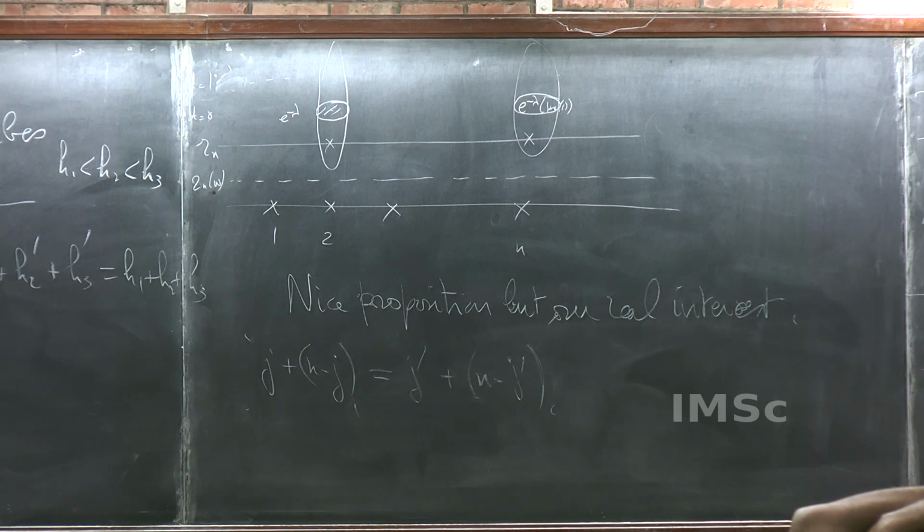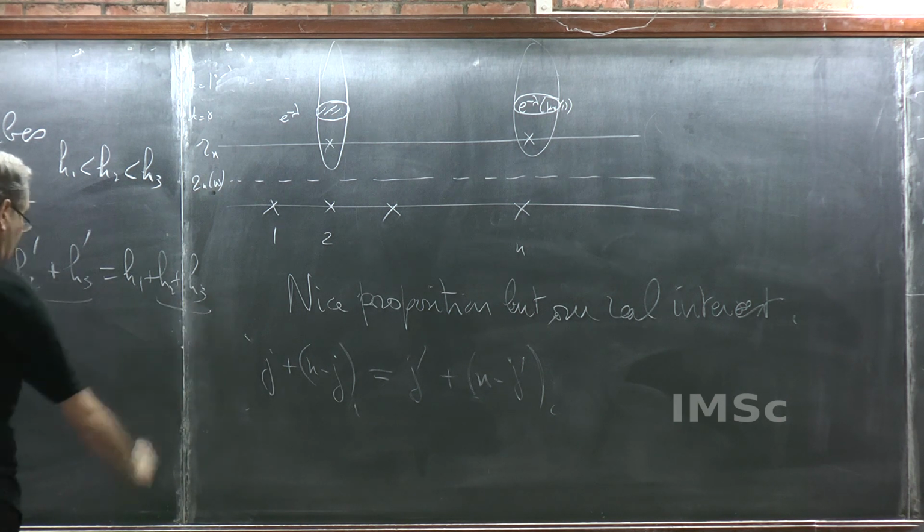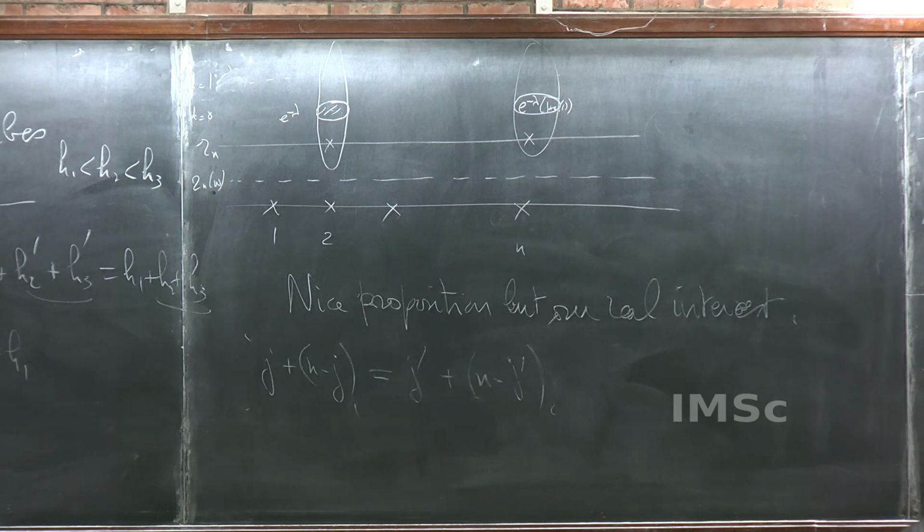Even if you do this cleaning, you may have h1 prime equal to h1, but then those two are different. This means that those random variables are no longer independent. Possibly they are not too badly dependent, but they need not be independent. Definitely there is a difficulty.